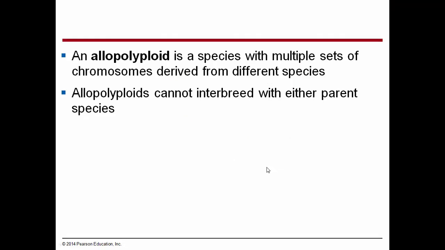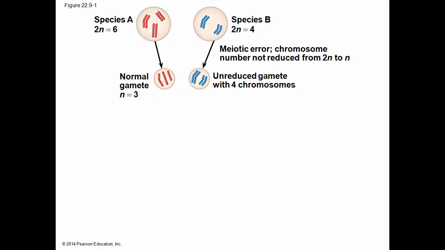An allopolyploid is a species with multiple sets of chromosomes derived from different species. Allopolyploids cannot interbreed with either parent species. Okay, so here species A is an allopolyploid.